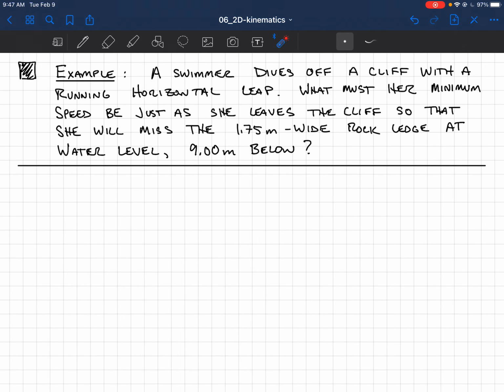In this example, we have a swimmer diving off a cliff with a running horizontal leap. There's a catch though, so we have a cliff here, and we have water down below at 9 meters below the cliff.